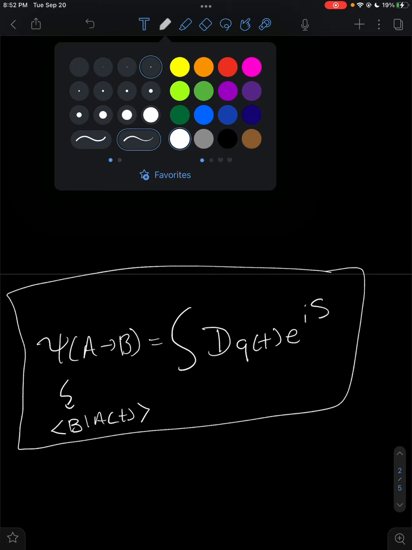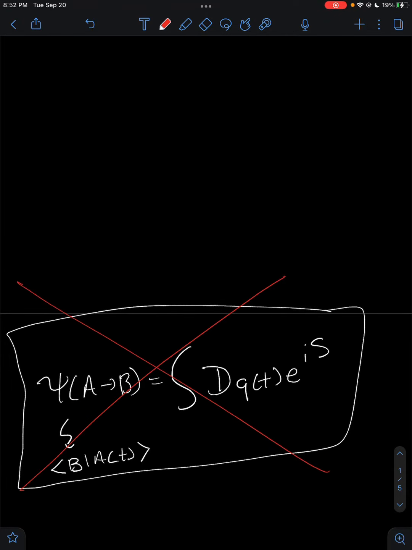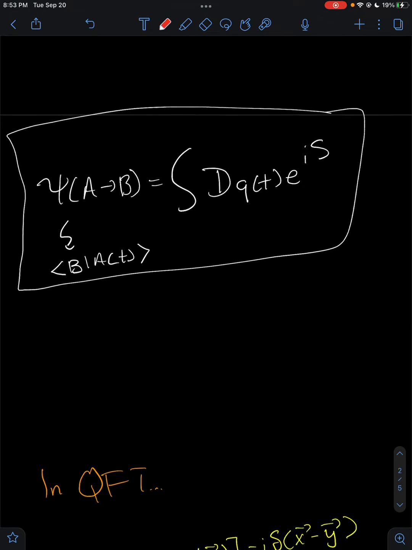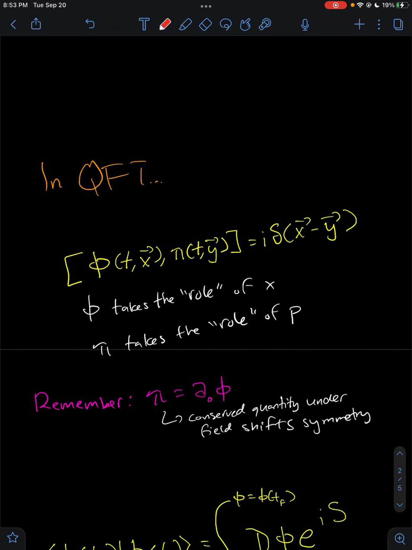But the path integral isn't very useful in quantum mechanics, so we don't really use it that much, though it does have its applications. Its real power is in quantum field theory. In quantum field theory, we are pretty much inspired by quantum mechanics.